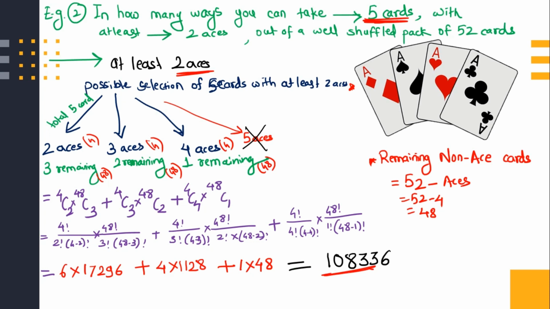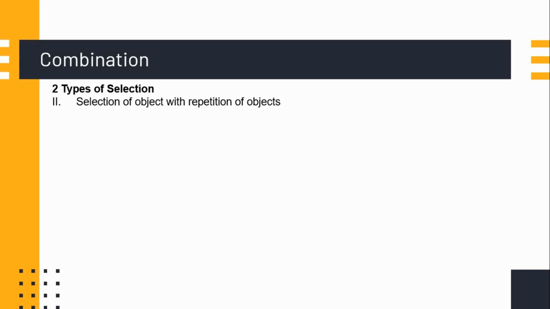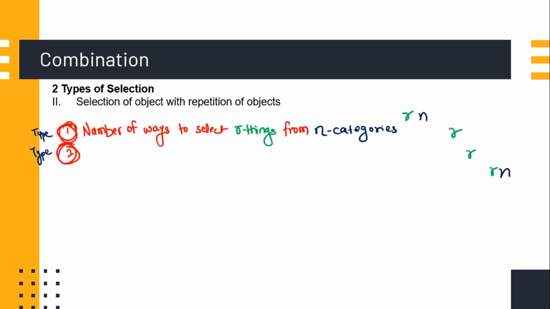These many possibilities are there where you can take out 5 cards from a well shuffled pack with at least 2 aces. Now let's take another type of combination where there is a repetition of objects. Again in this we have 2 subtypes.